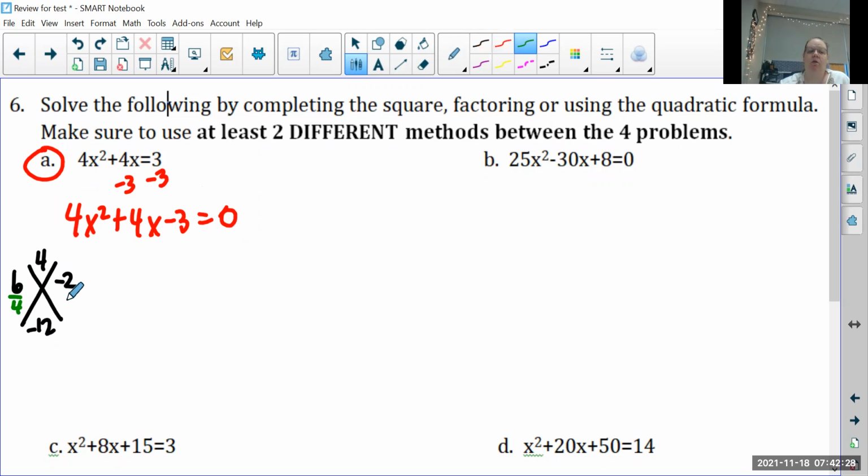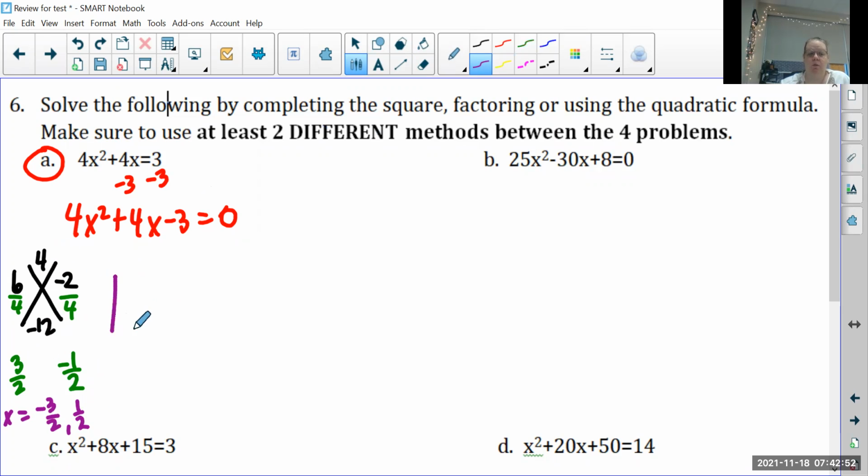So that's our A value, divide both of them by 4. 6 divided by 4 can be reduced to 3/2. Negative 2 divided by 4 can be reduced to 1/2. And then we could just skip right to our answers, because remember, we take the opposite of this. So if we got 3/2 off of slide and divide, our answers would be x equals negative 3/2 and x equals 1/2 if you did slide and divide.